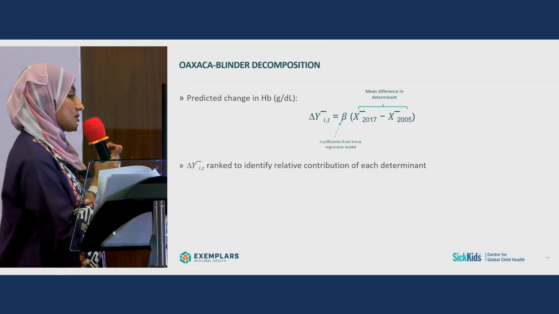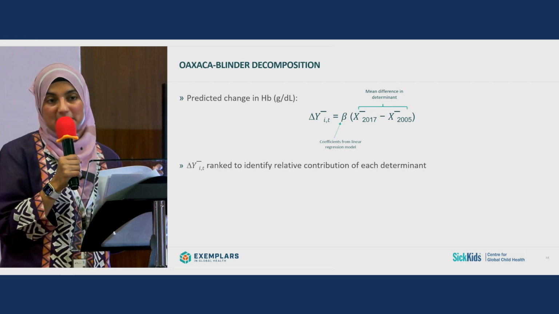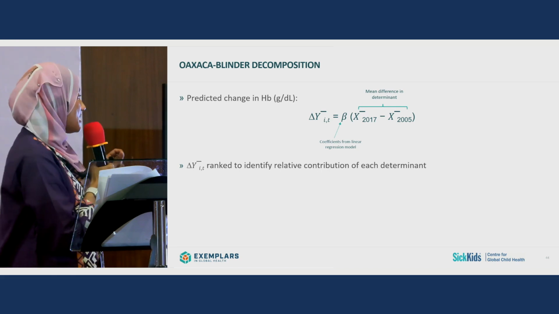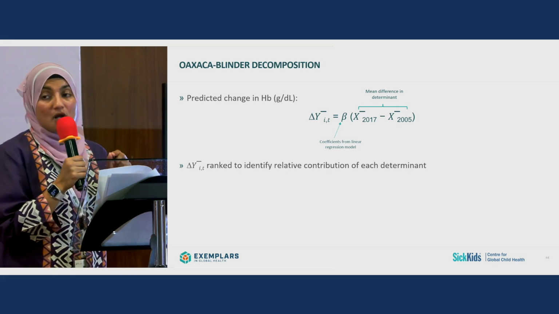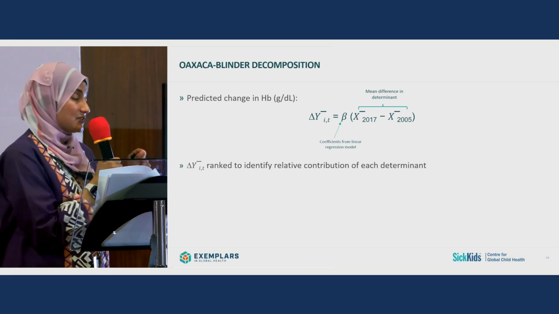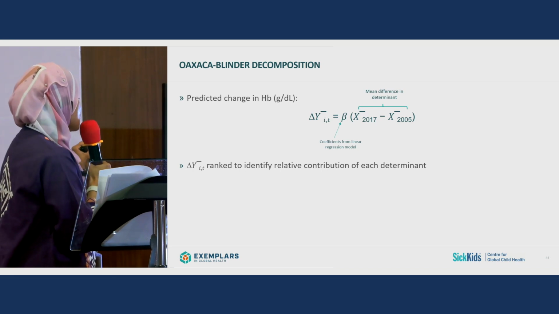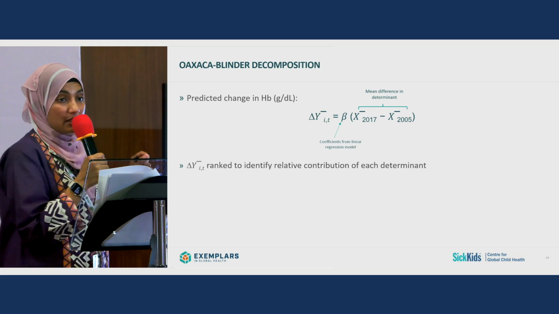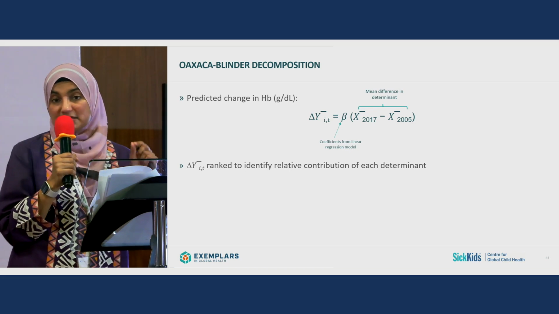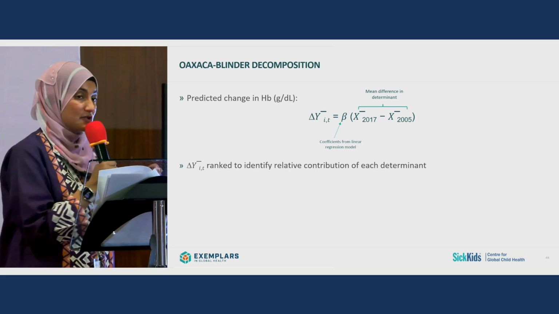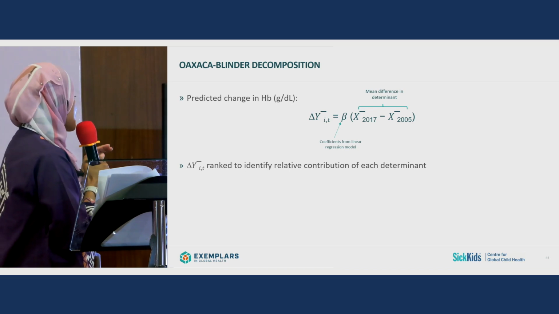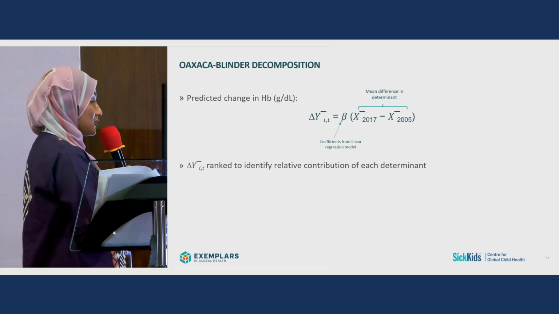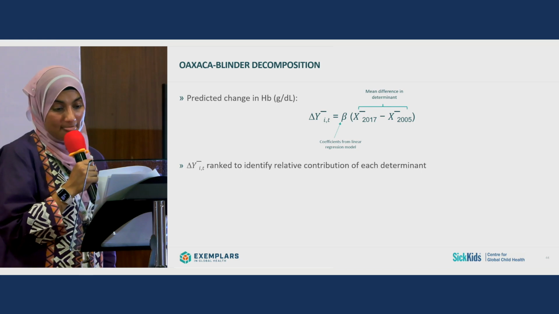The beta estimate for IFA consumption in last pregnancy was multiplied by the increase in coverage of IFA consumption between 2017 and 2005 to calculate the predicted change in hemoglobin associated with the increase in coverage of IFA consumption, which was then ranked to identify the relative contribution of each determinant. Next slide, please.